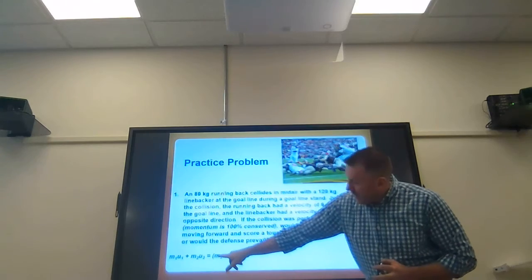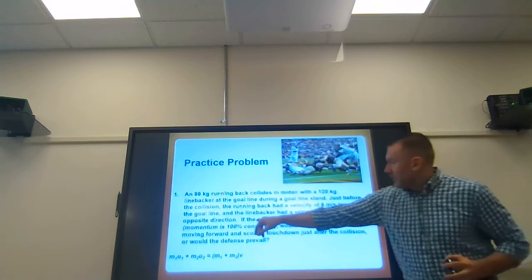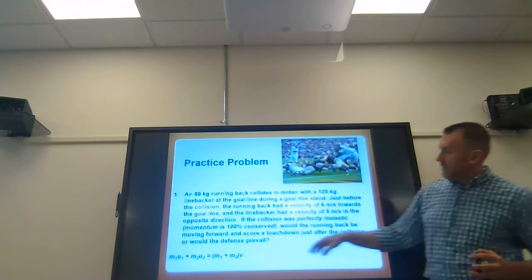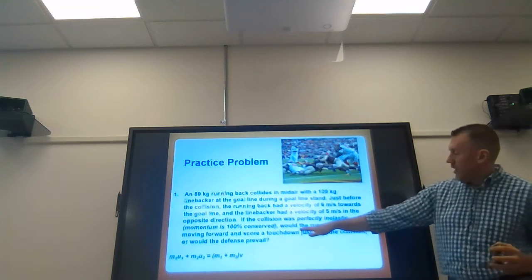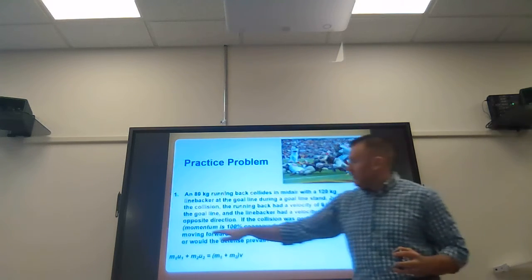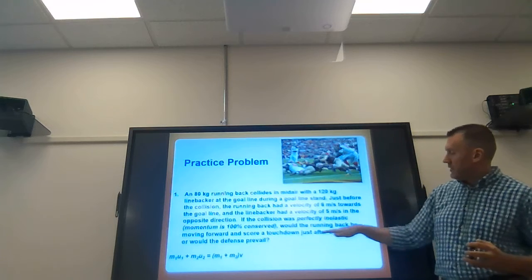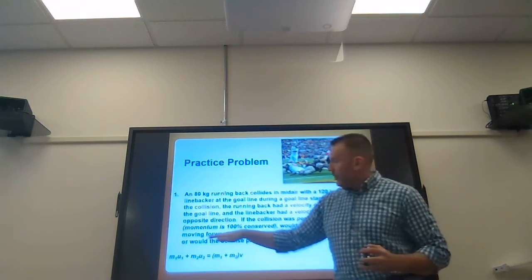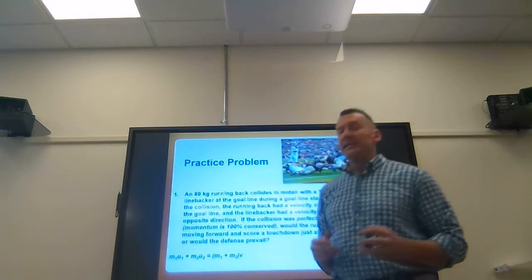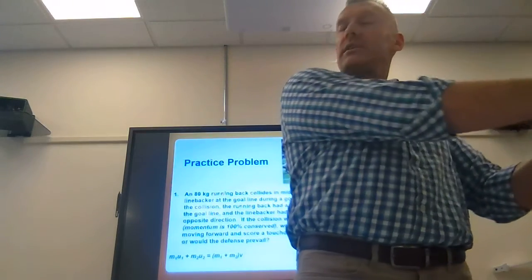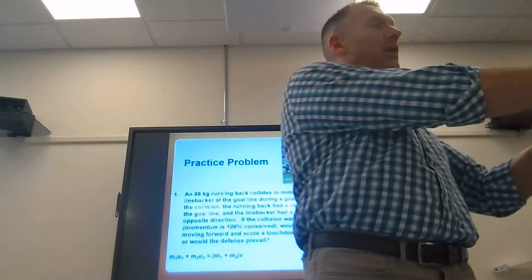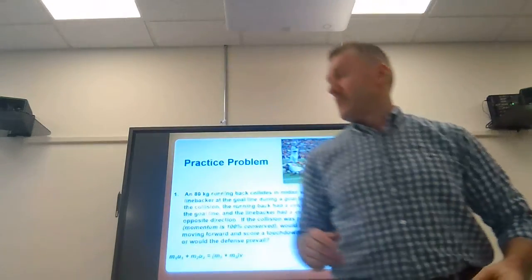So after the collision, if the collision was perfectly inelastic, momentum is 100% conserved. Would the running back be moving forward and score a touchdown just after the collision, or would the defense prevail? What we're saying is after they collide, they're moving together as one mass.